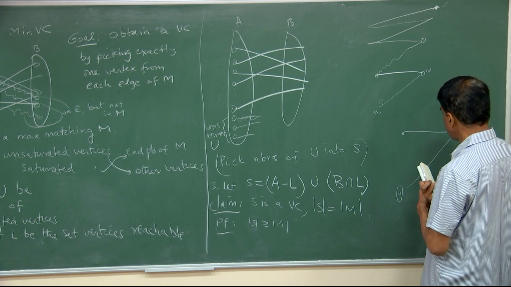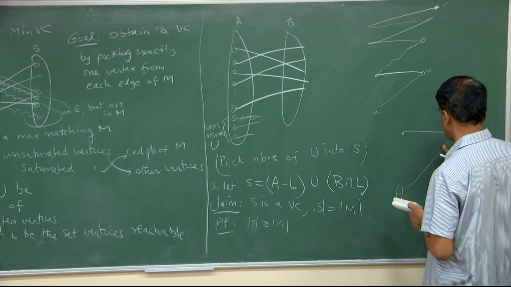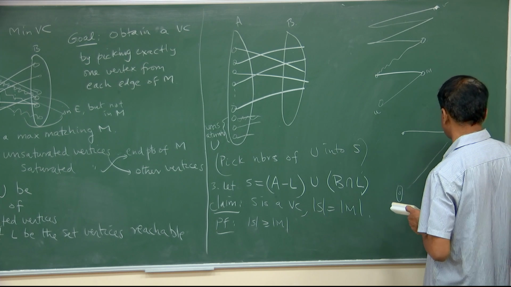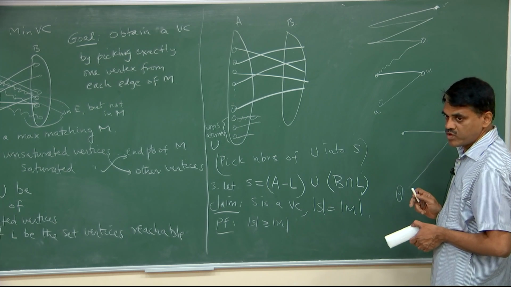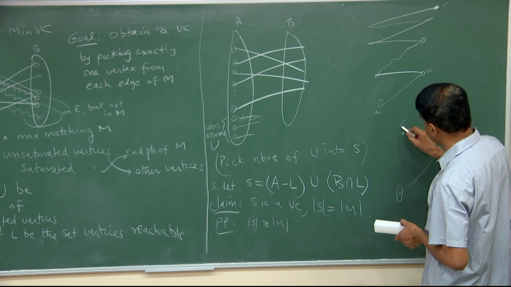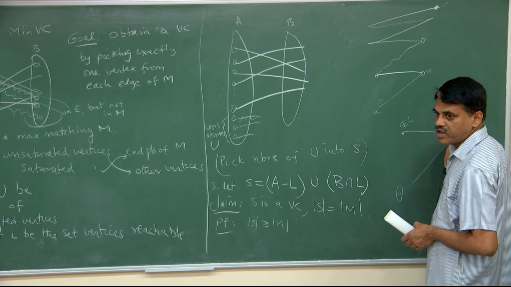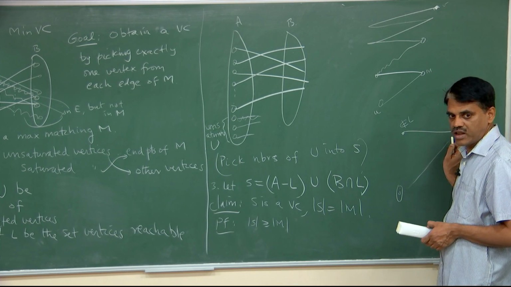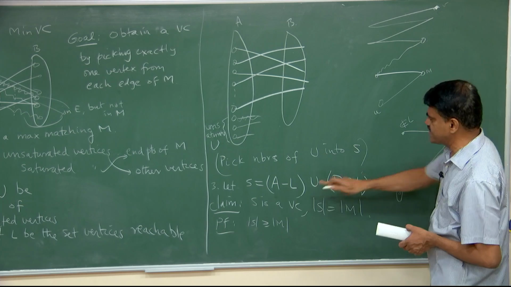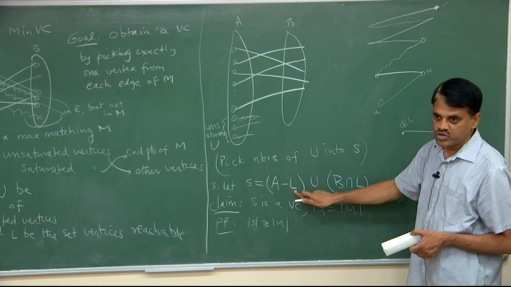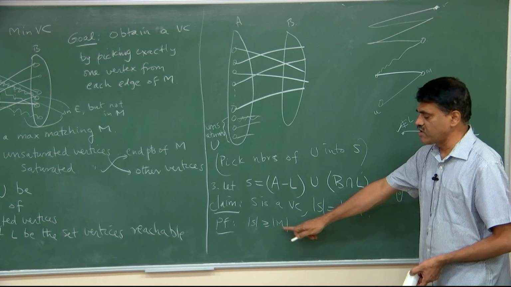If it is not reachable from a vertex in U, then this is not in L. If this is not in L, this cannot be in L either, because if this is in L, I can always reach this by this edge, and so it will be in L. If this is not in L, this is not in L, so it is in A minus L. So I would have picked this vertex. So every matching edge is covered.